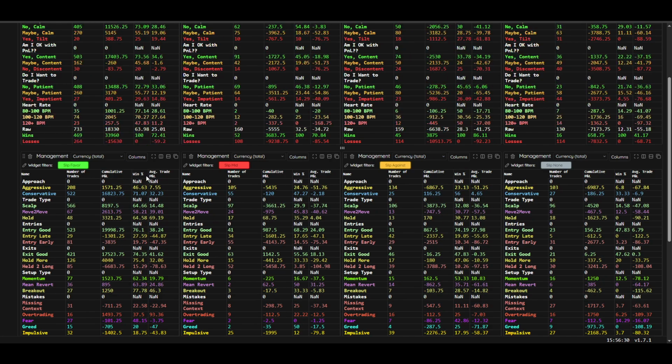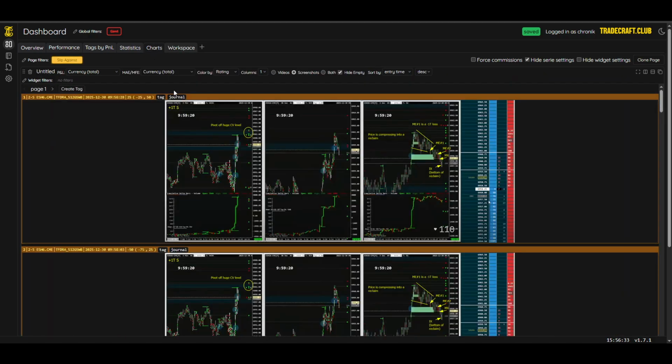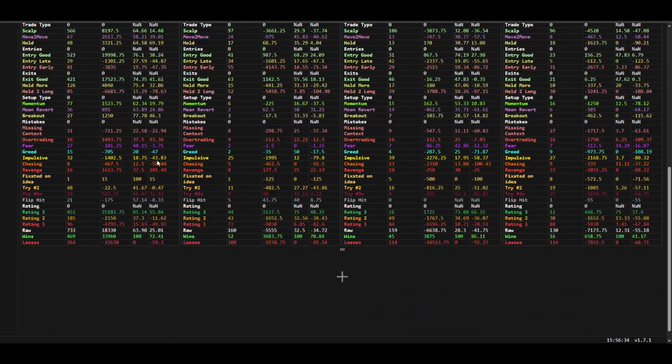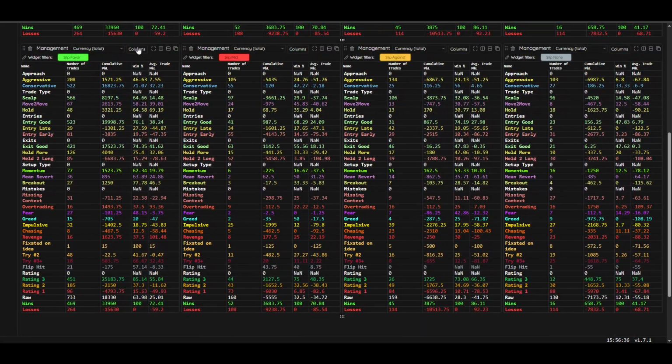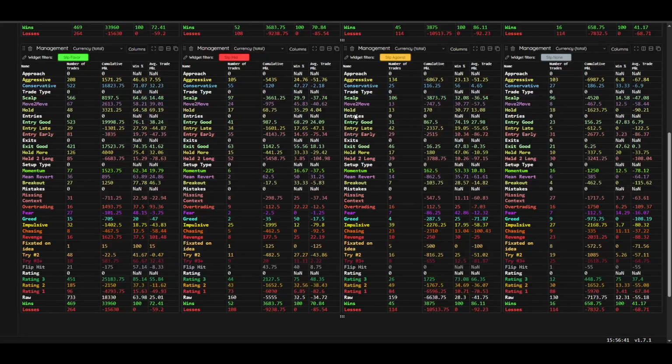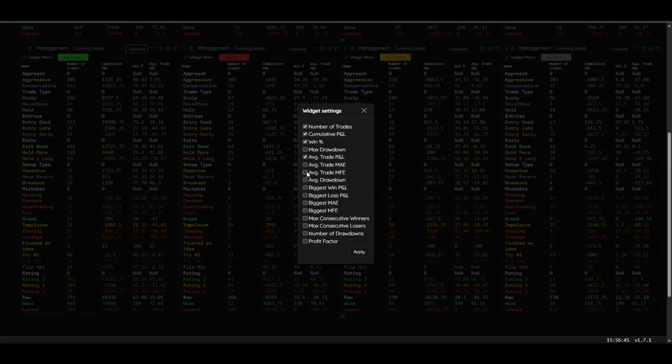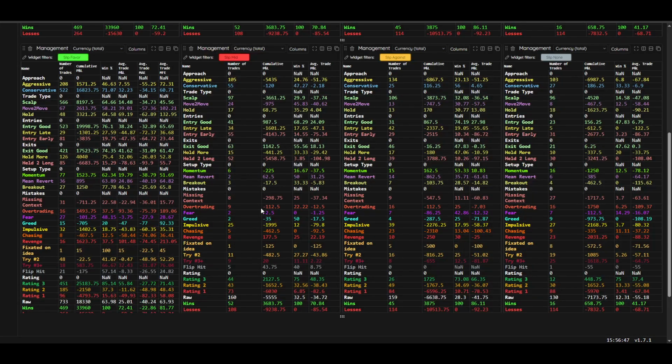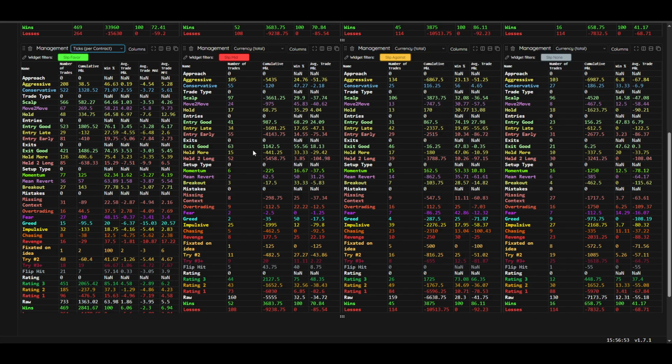I'm curious what your MAE and MFE is on that. You might have to make those columns wider. So let me see if I can. For slip favor breakout, let me put it to ticks real quick. Slip against.